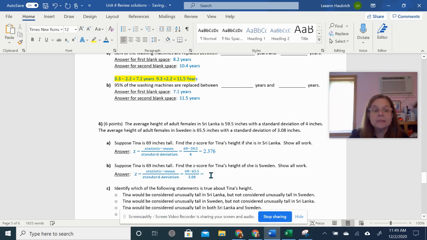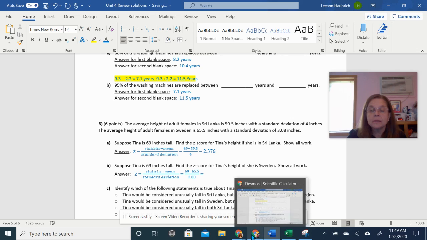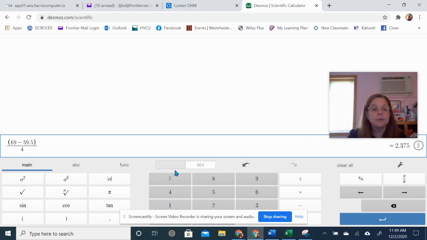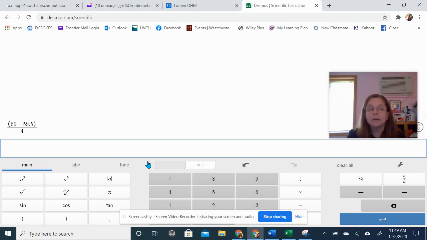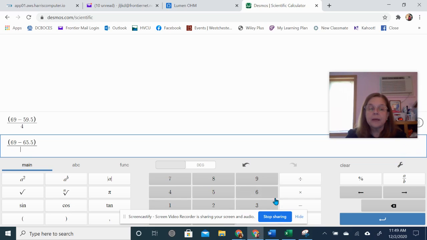Okay, and now it's 65.5 and 3.08. So I'm going to do the same thing, use a set of parentheses. 69 minus 65.5 divided by 3.08.